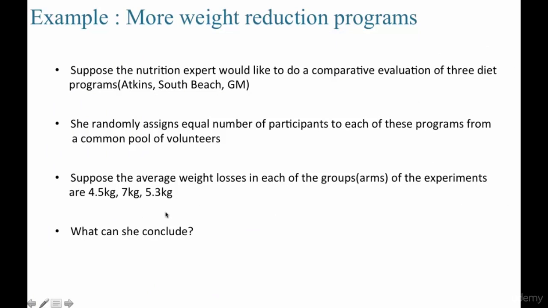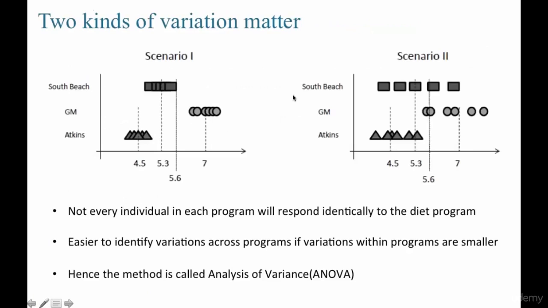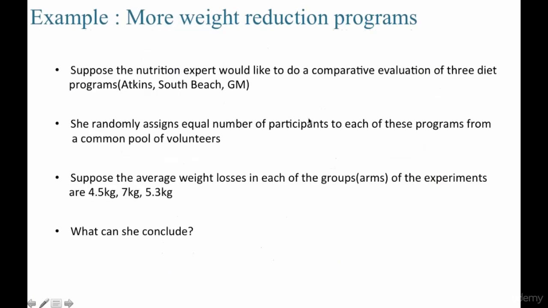What can we conclude? We should not jump in and say that, hey, South Beach diet program is great. Why? Think about this scenario. Say you have 12 people assigned to South Beach diet program.